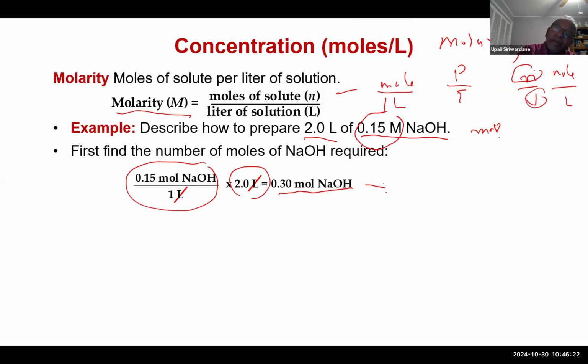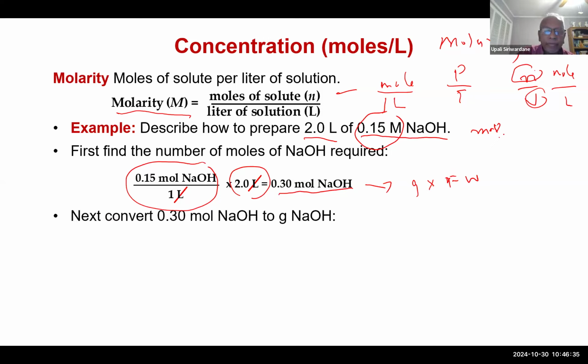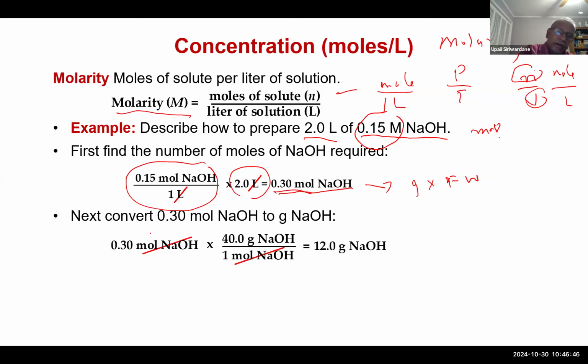So moles need to be converted to grams. Therefore, moles multiplied by the formula weight of sodium hydroxide. How do you convert 0.30 moles of sodium hydroxide?